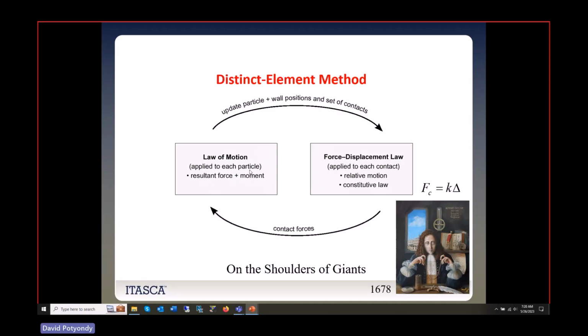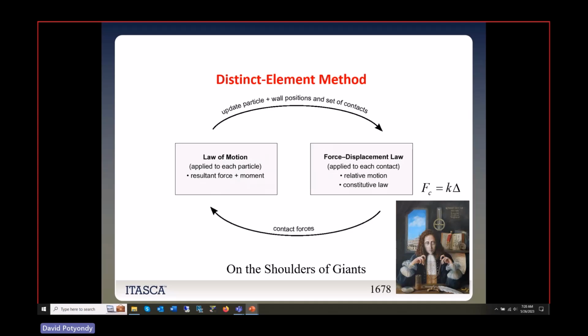Then we go to each particle, and it has a collection of contacts, so it has a collection of forces pushing against it. We sum those up and we get a resultant force. Now we have to figure out, if we know the resultant force on a particle, how does it affect its motion?